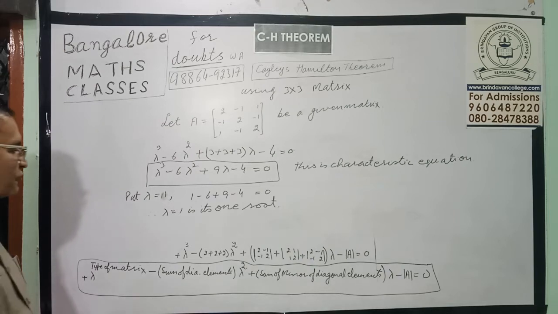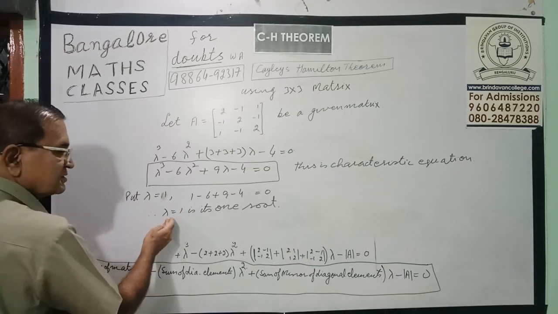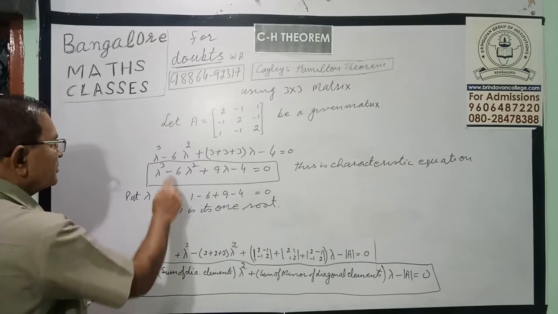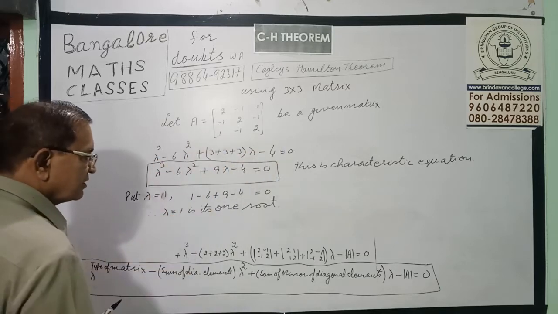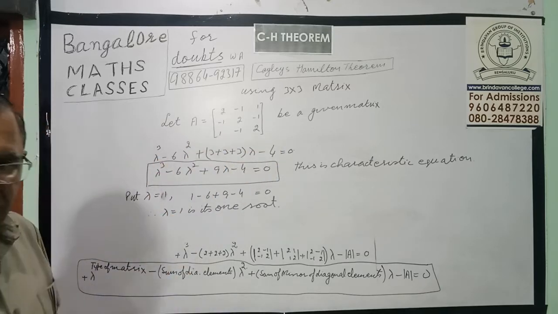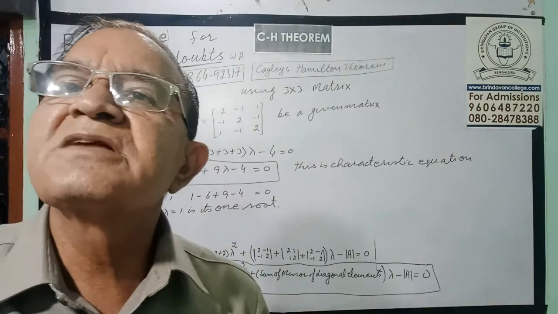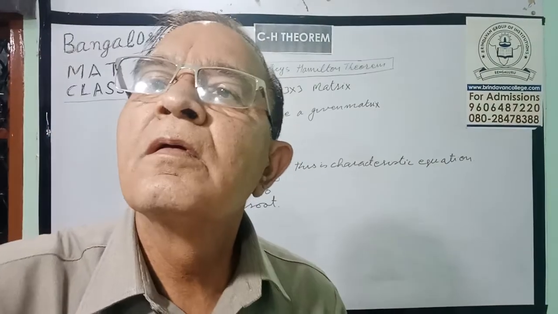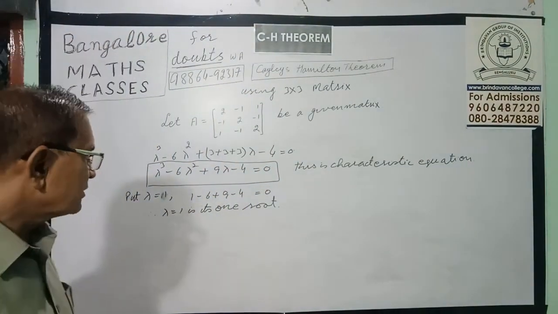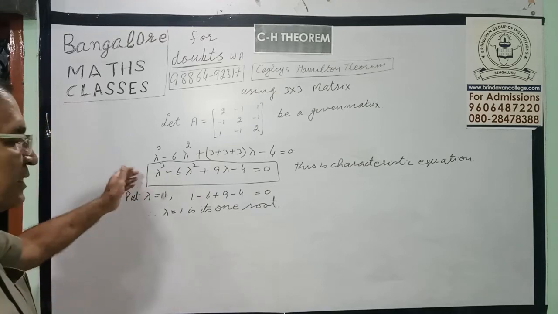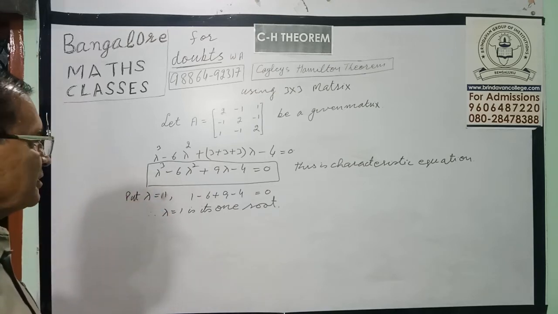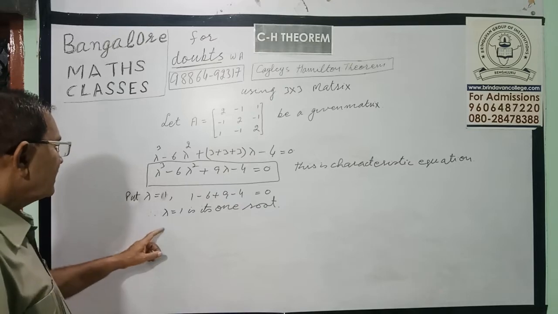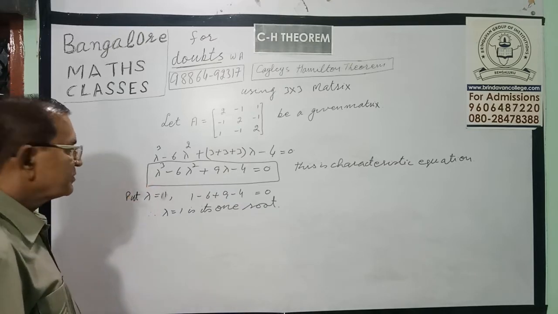To find the second root, move it to the left, that is lambda minus 1, and then divide this equation. In this division, I will teach you synthetic division instead of direct division.